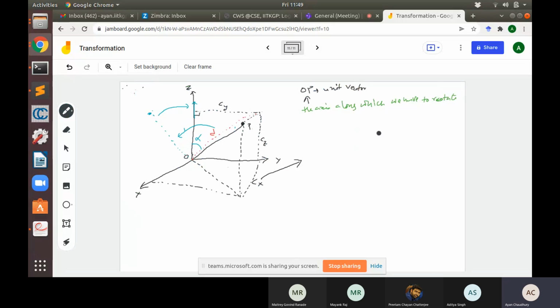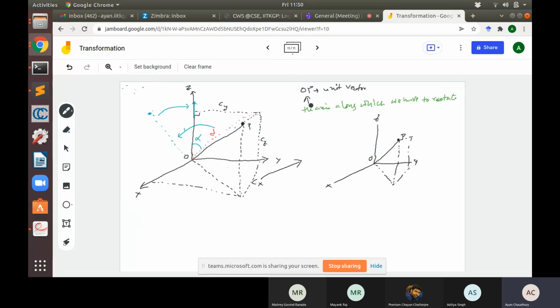Let's say this was my coordinate system, with axes x, y, z. This is OP, and we have taken the projection. I'm drawing the same figure just for clarity.